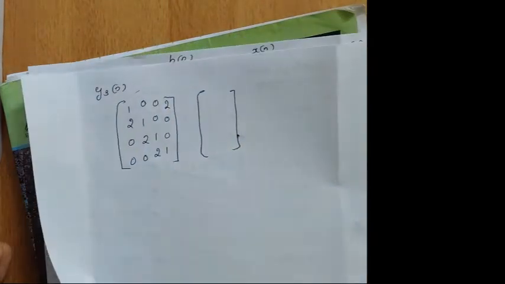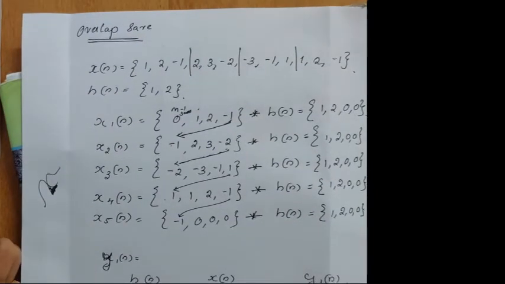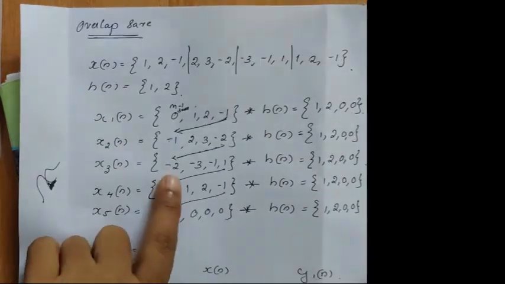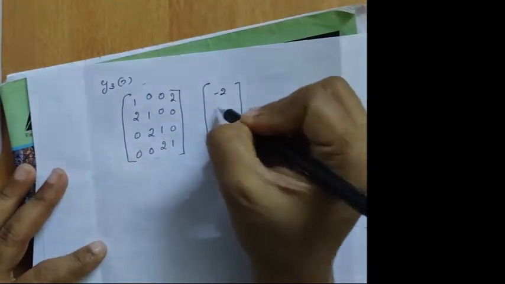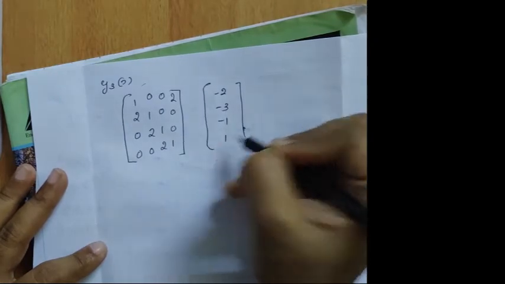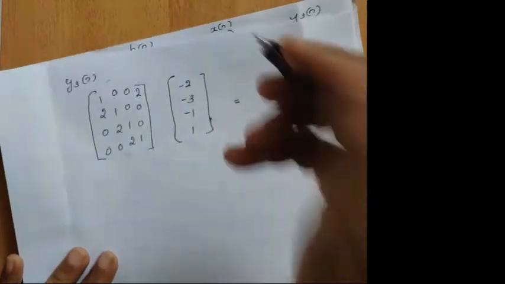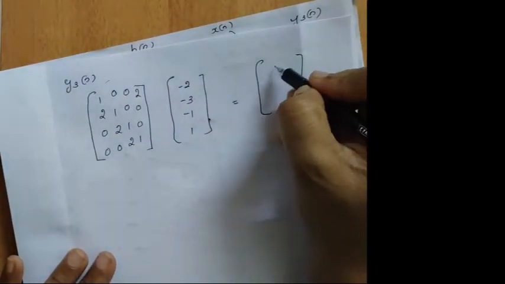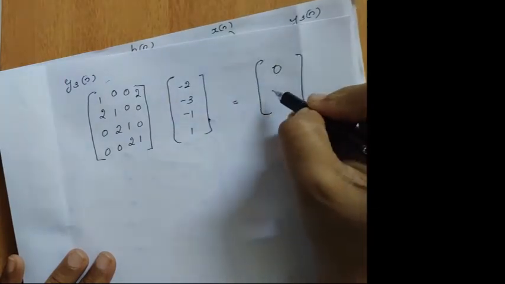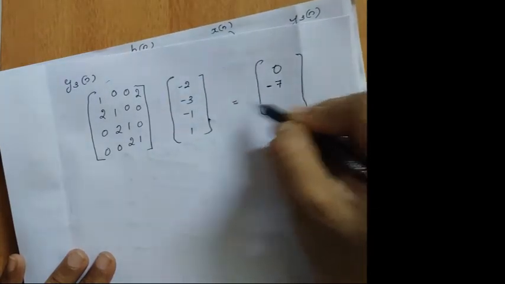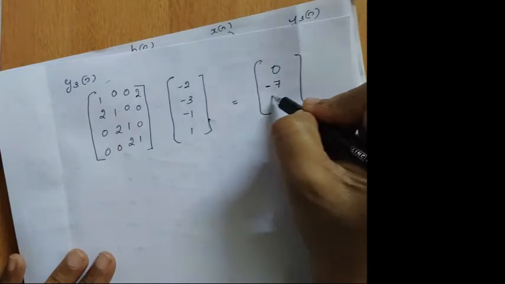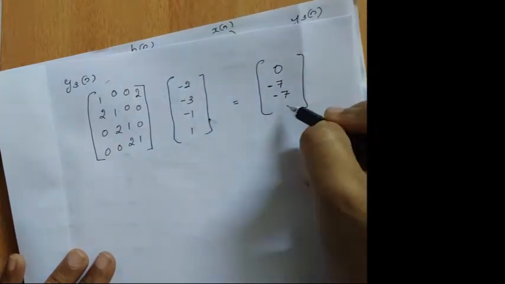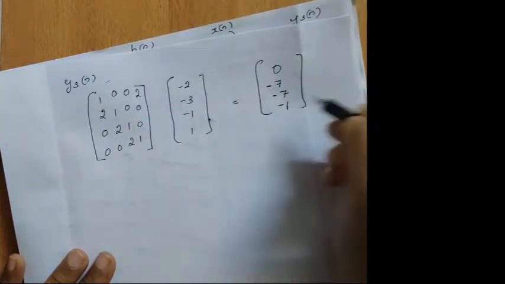Your data is minus 2, minus 3, minus 2, minus 3, minus 1, 1. The result is minus 7, minus 7, minus 1.